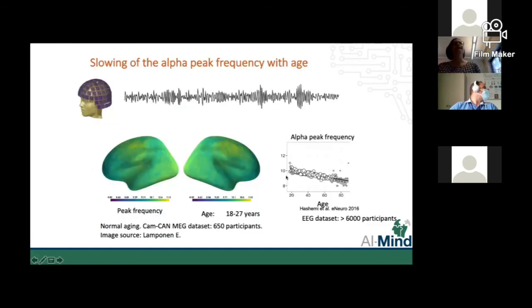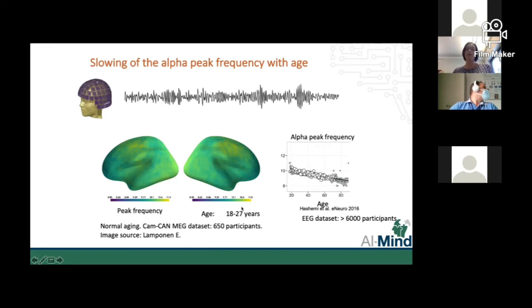And this brings us then to how the oscillations might be changing either normally over age or in neurodegeneration. So here I have an illustration of how the alpha peak frequency changes as we grow older in normal age. So here the color shows not amplitudes but frequencies, so the peak frequency of the alpha frequency.